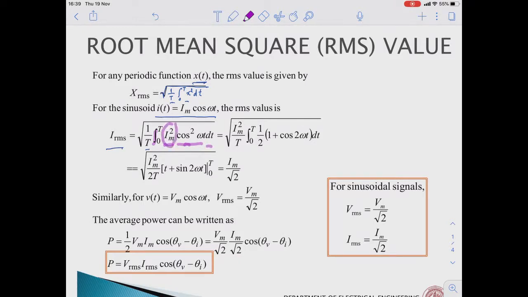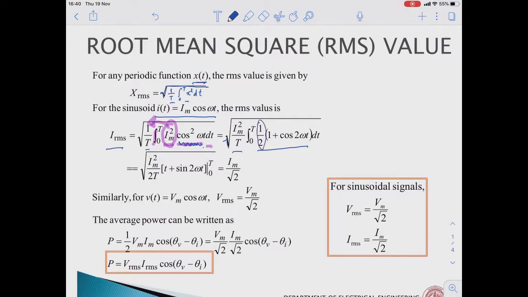Since this term is constant, we move it out, so we have the square root of Im squared over T, integrate 0 to T. Since cosine omega t squared is equal to 1 over 2 times 1 plus cosine 2 omega t, we integrate from 0 to T of 1 over 2 (1 plus cosine 2 omega t) dt.